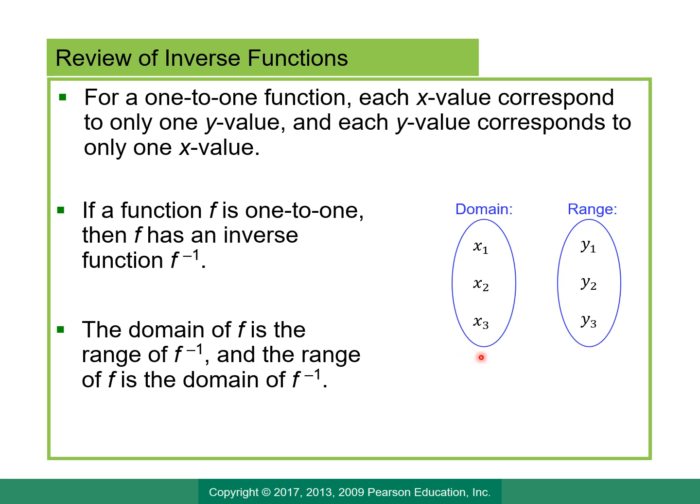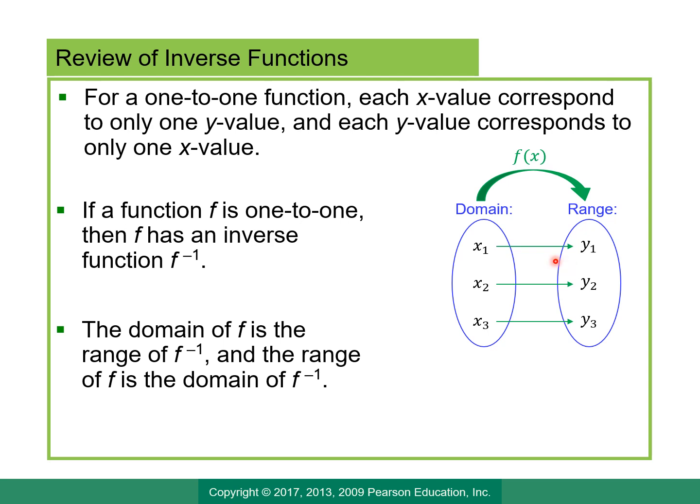So over here, if you think of the domain of your function as the numbers you can plug into it, so I'll just have 3 here, x1, x2, x3, and the range is what comes out. Now, with our original function, you take values from the domain, plug them into your function, and get out values that we call the range. Now, the inverse function does the opposite. So you have to have exactly one input go to exactly one output.